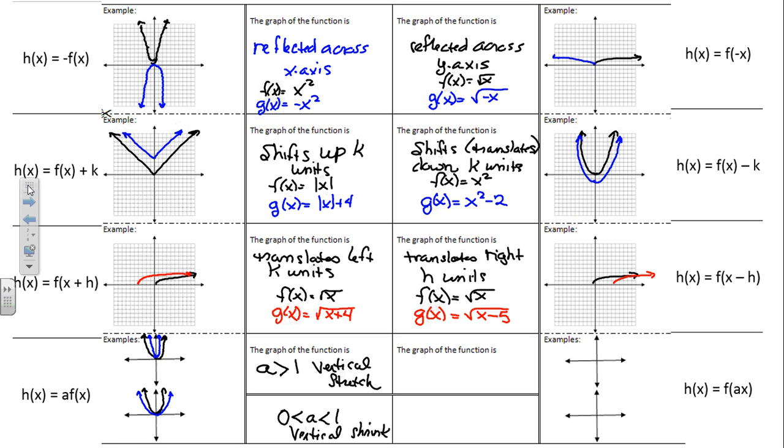What happens when a is with x? Within the operation that's being performed on it, within the absolute value, within the square root, within the x squared. Any ideas? We haven't seen it a lot. We saw it in algebra 1 briefly. Okay, let's look at this guy.